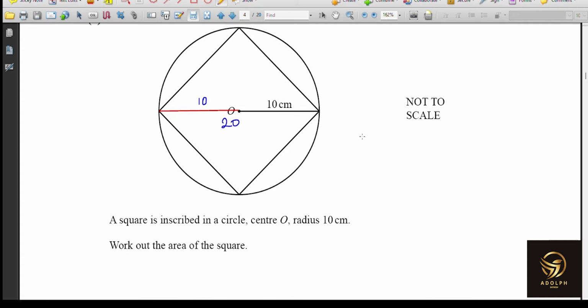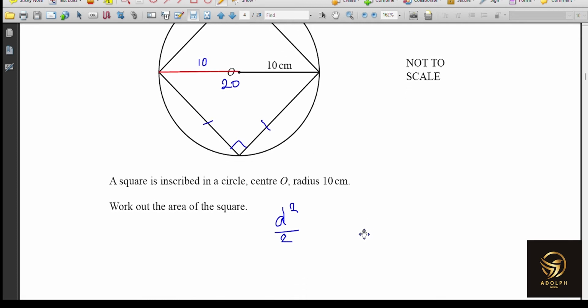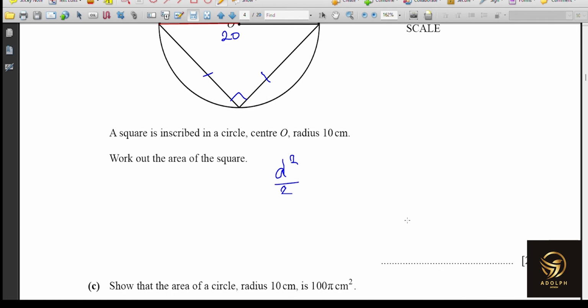It's actually a diagonal. So if it's a diagonal, we can find the area of the square using the formula d squared by 2, or else you can use Pythagoras theorem and find the side length too. So if you are using that, you'll be getting the answer of 20 squared divided by 2. It's 400 divided by 2. We are getting 200.